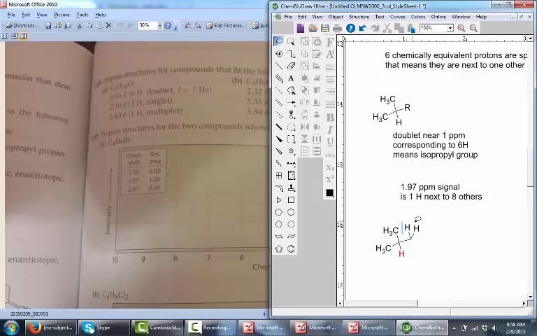And if I add up the protons on the adjacent carbons, I can count 3, 6, 7, 8, which means that this red proton is split into 9. So that's what I see. And again, these methyl groups are split into a doublet by this H, so I see that as well. And then finally, these two H's over here are going to be split by the proton on the neighboring carbon. So the way I've drawn this, there's only one neighboring carbon with a proton on it. So these should be split into a doublet as well.